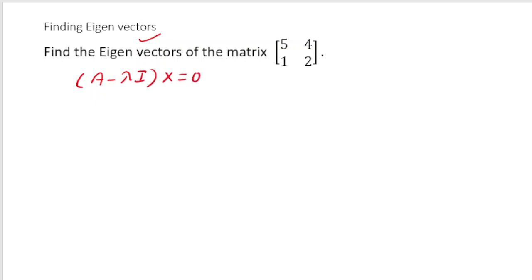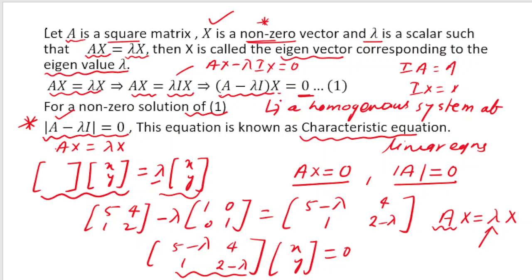I just want to show you one more time. This was equation number 1, right? A minus lambda I x is equal to 0, and my aim was to solve it so that we get x as a non-zero vector. That is why we have equated determinant of A minus lambda I to 0, right?